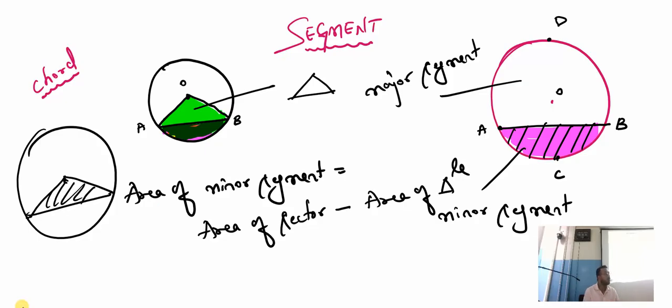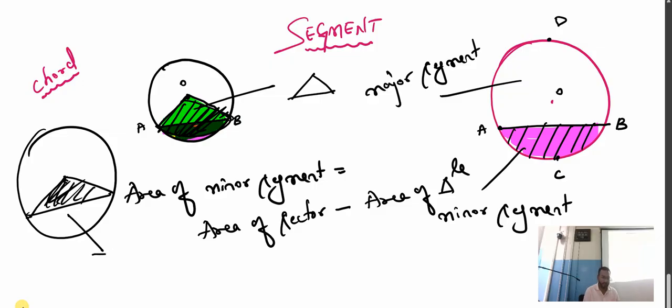From this complete area, remove the triangle area, then the remaining is this area. This is how we have to find the area of the minor segment.